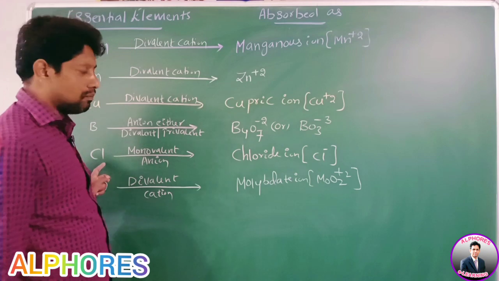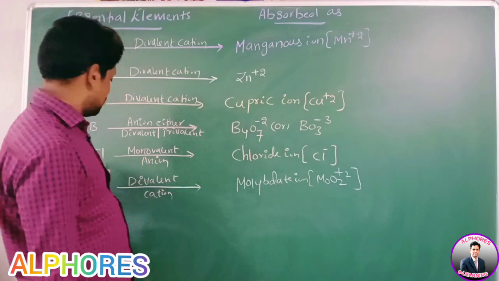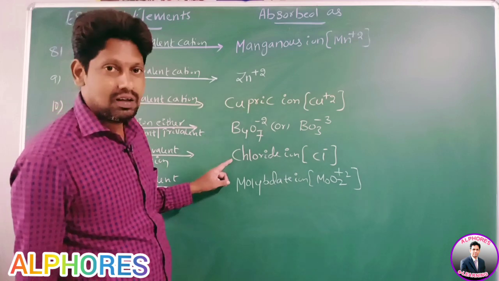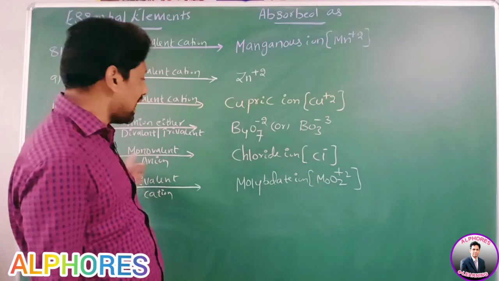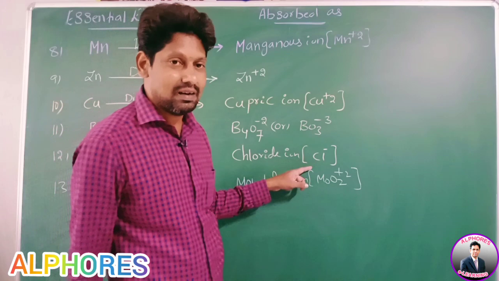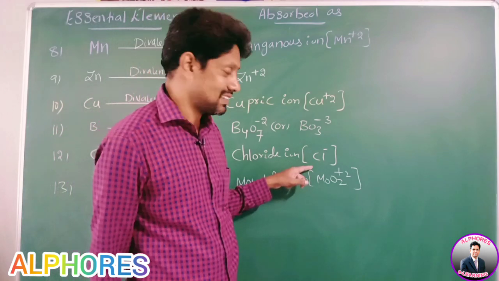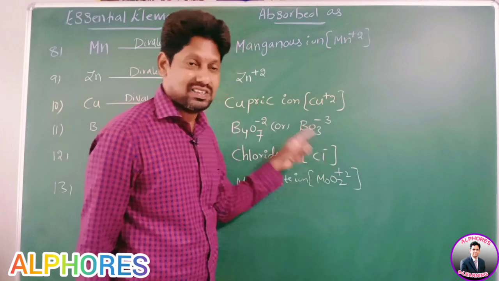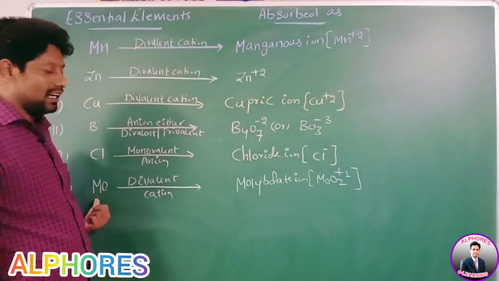Now go for chlorine. The plant absorbs chlorine as chloride ion, that is Cl minus, a monovalent anion. Go for the last one, molybdenum.